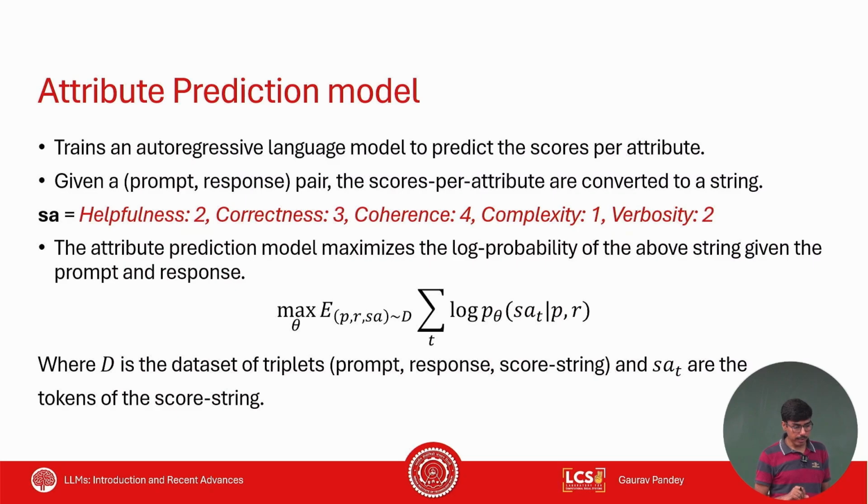And then the language model was trained to predict this string given the response and the prompt. So instead of predicting which response is preferable, now they predict an entire string of scores, and this string of scores is used for training the LLM. We'll see how it is used later, but the point is that instead of a Bradley-Terry reward model, you can train a preference model.